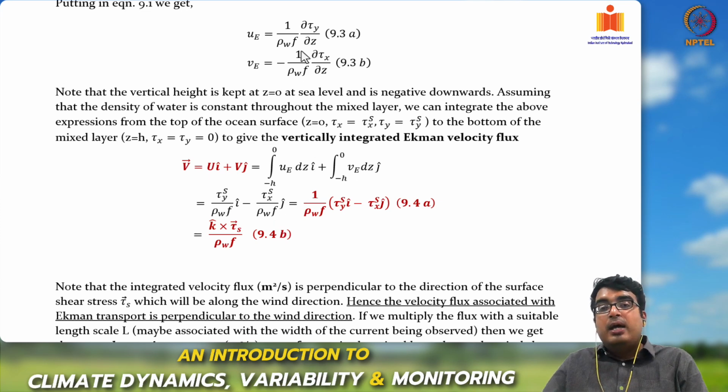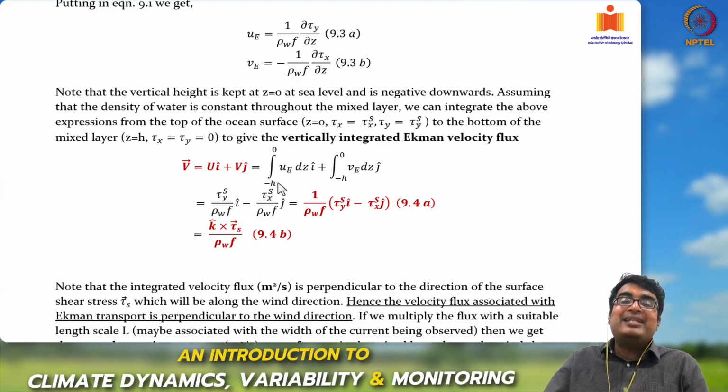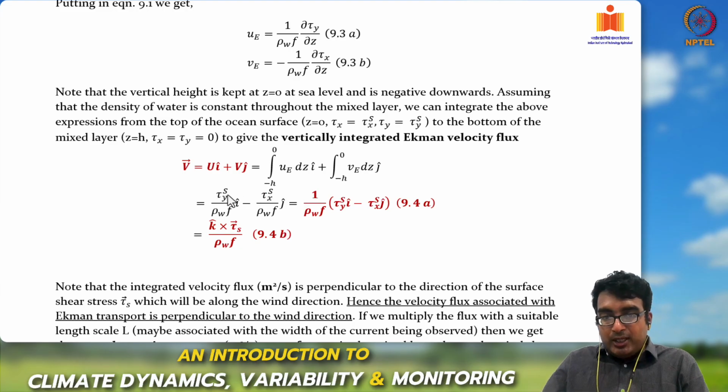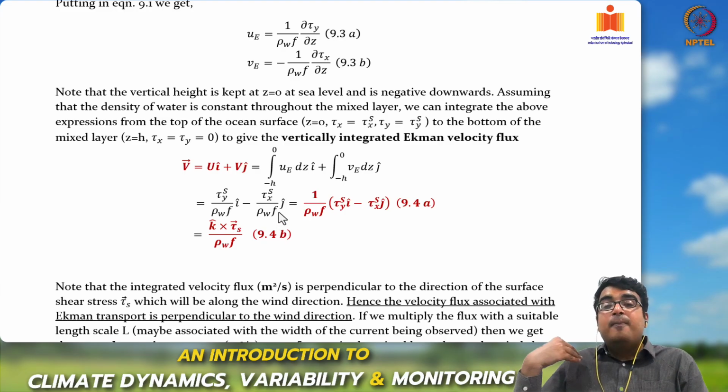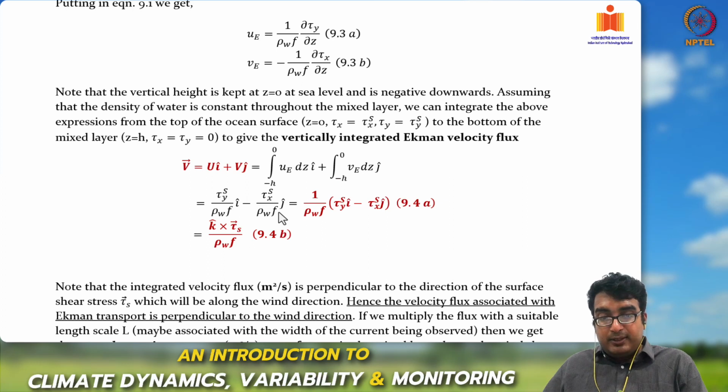And because we are integrating a gradient, you get back the shear stress at the surface. At h, the shear stress goes to 0. So, you get the surface meridional shear stress divided by density of water times the Coriolis parameter as the zonal Ekman velocity flux, and minus the zonal shear stress at the surface divided by density of water and Coriolis parameter as the meridional Ekman velocity flux.